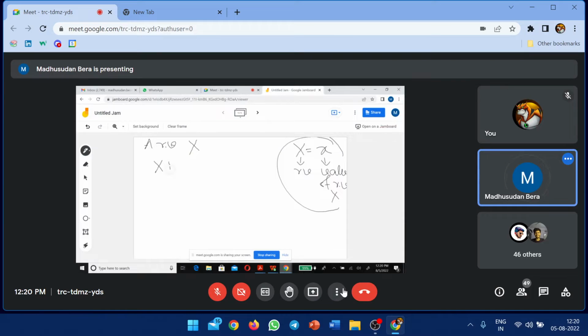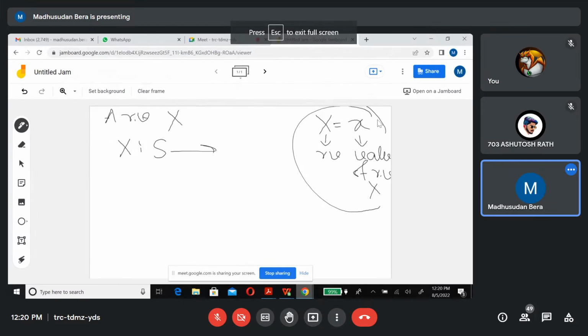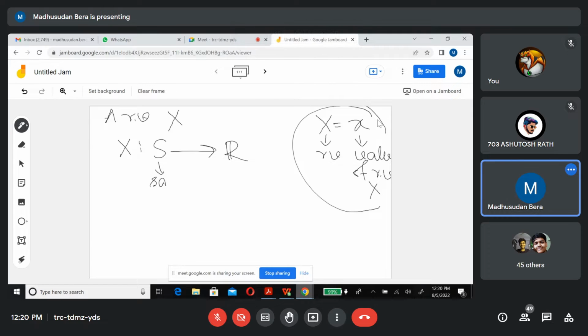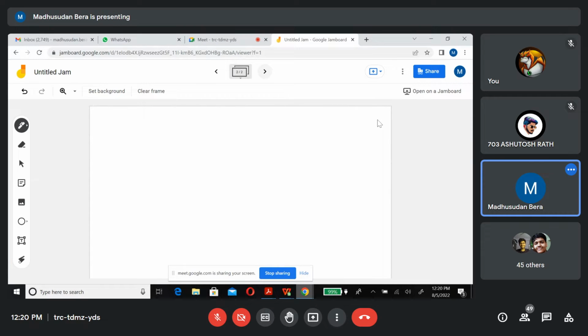A random variable is a map from the sample space S to the set of real numbers. Now, there are two types of random variable: discrete and continuous.